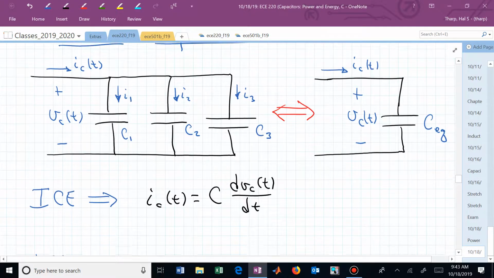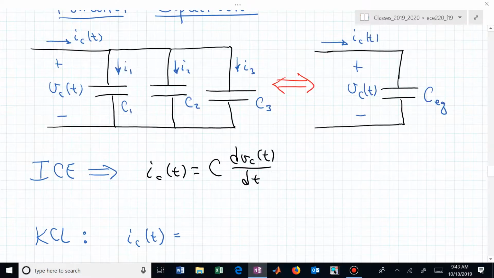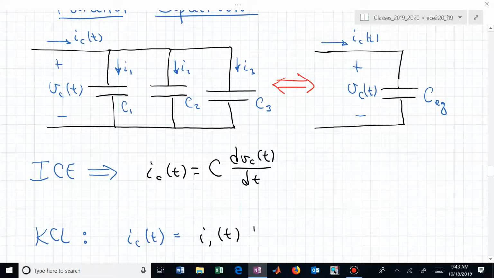And we know how to apply KCL. KCL says the total current in our equivalent single capacitor circuit is really going to be functionally the same as those 3 currents going down.